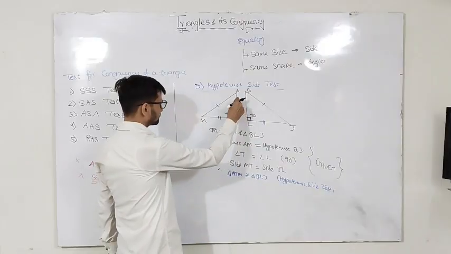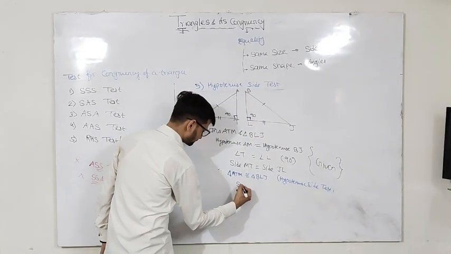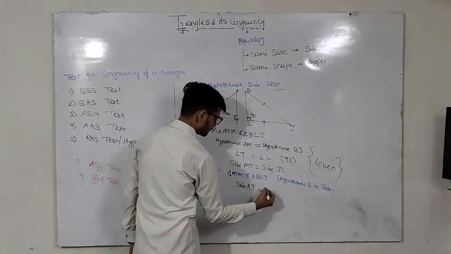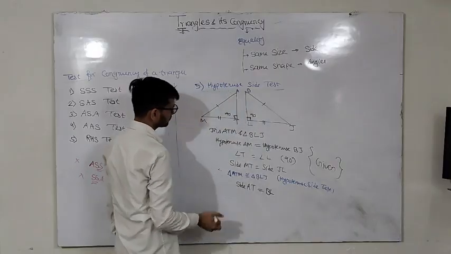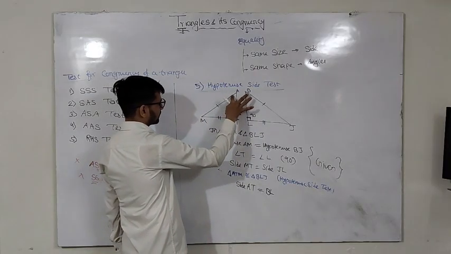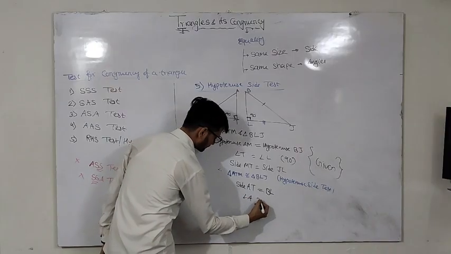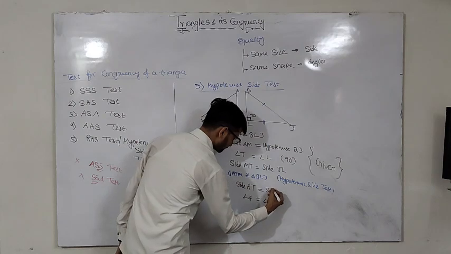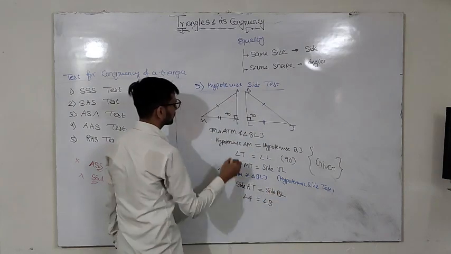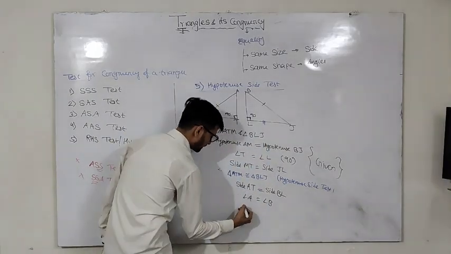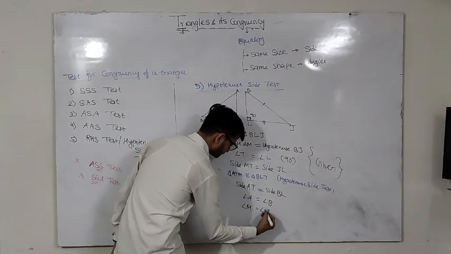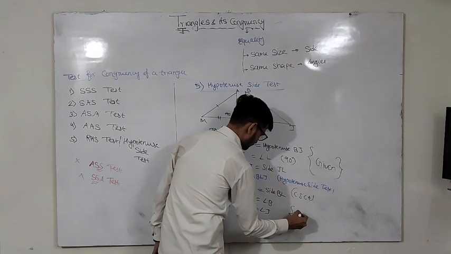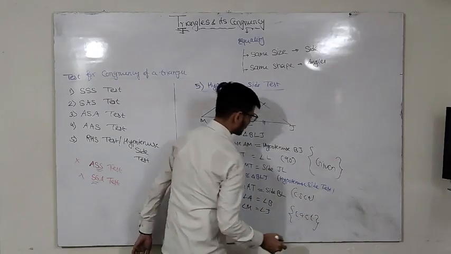So we are left with the one side AT and its corresponding side is BL, and angle A equals angle P, and angle M equal to angle J. Corresponding sides of congruent triangles and corresponding angles of congruent triangles.